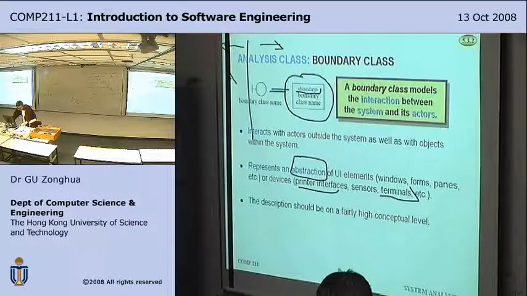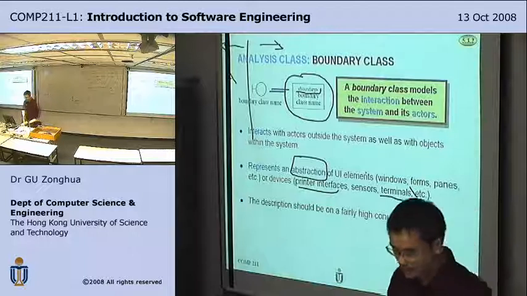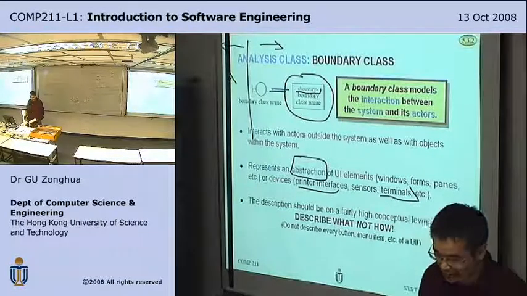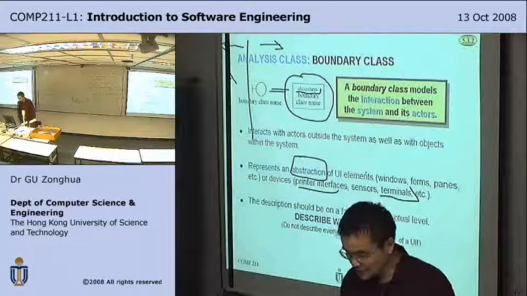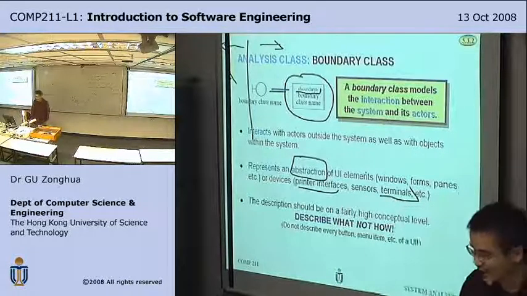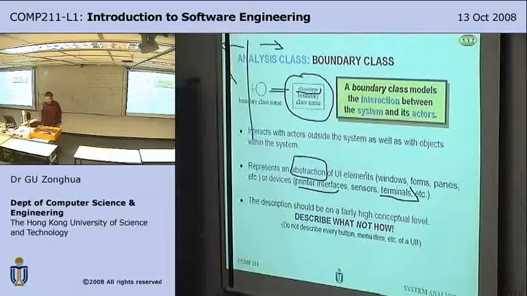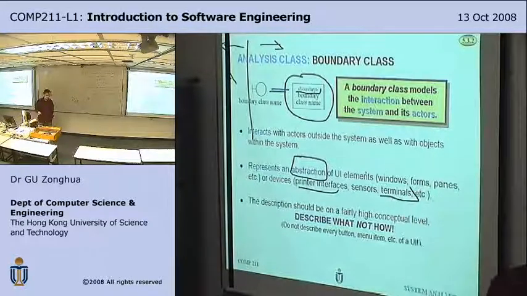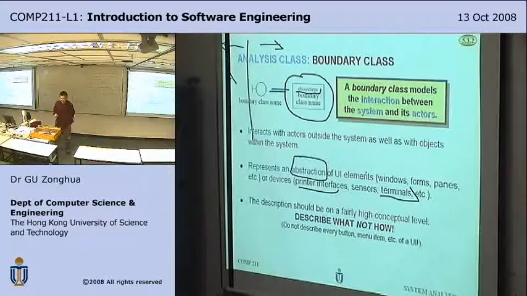The description should be kept at a high conceptual level. Describe what, not how. Do not describe every button, menu item, etc. of a UI. So describe what this class is intended to do, not how it's done.